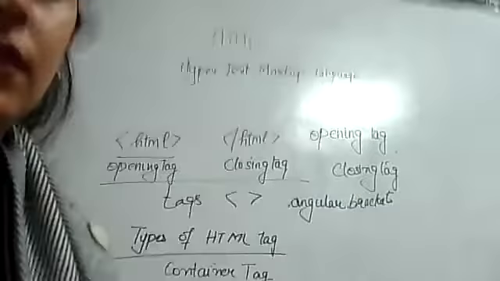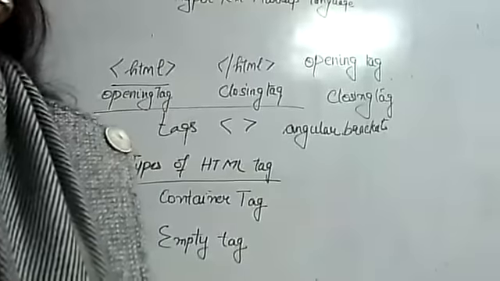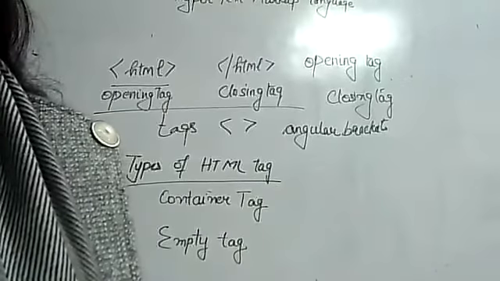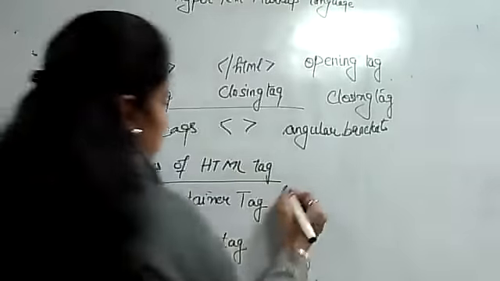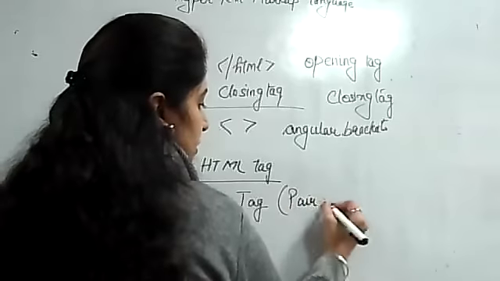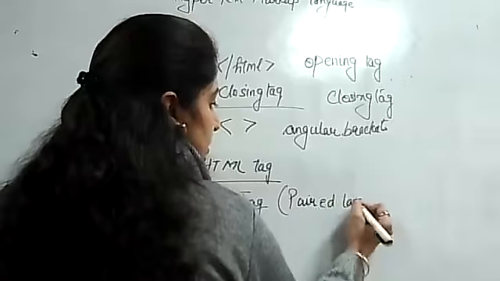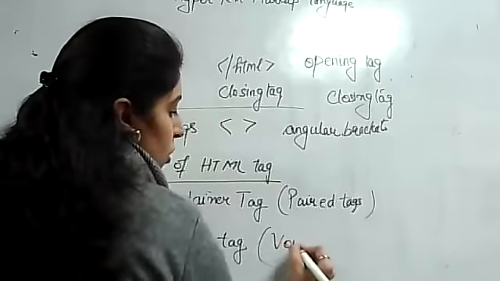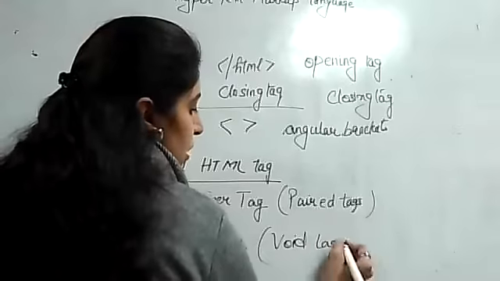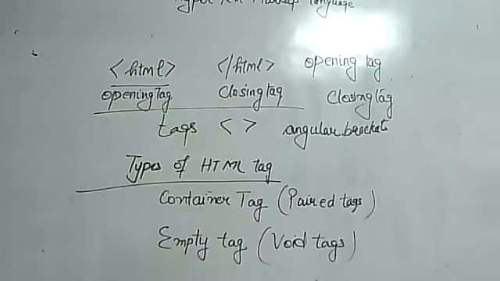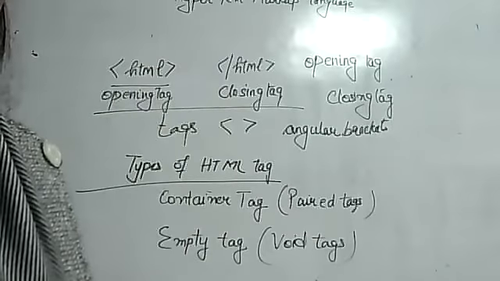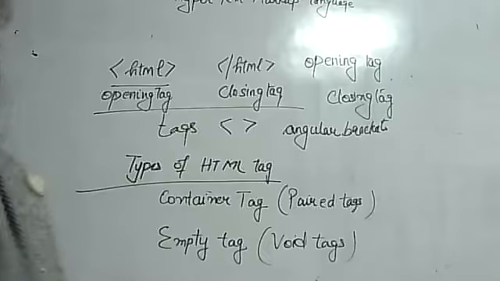Container tags are also known as paired tags. Empty tags are also known as void tags.